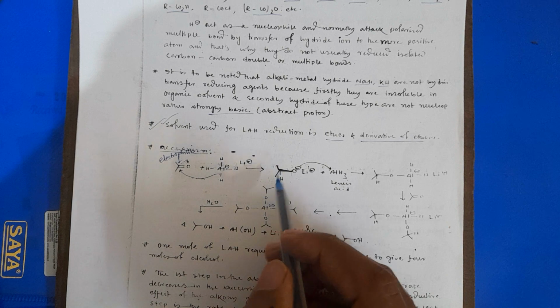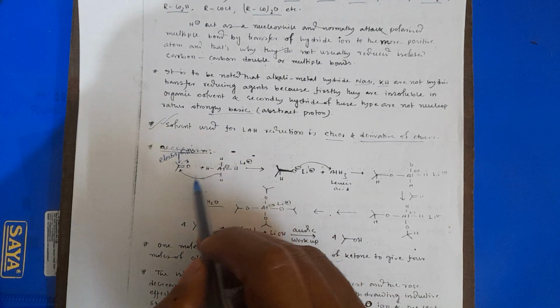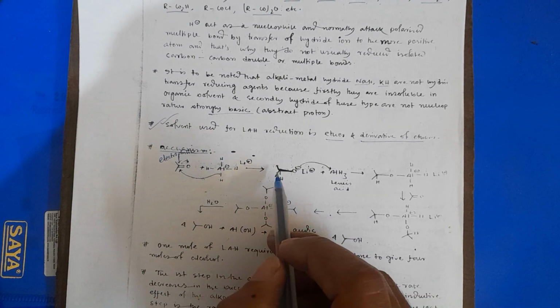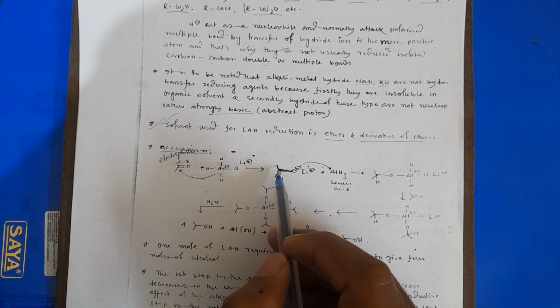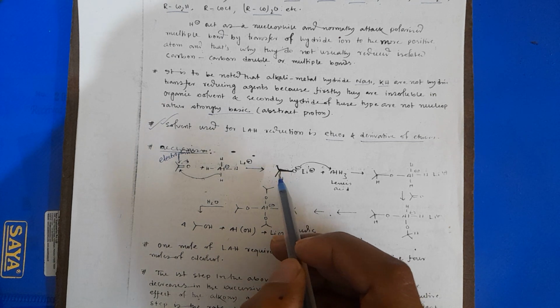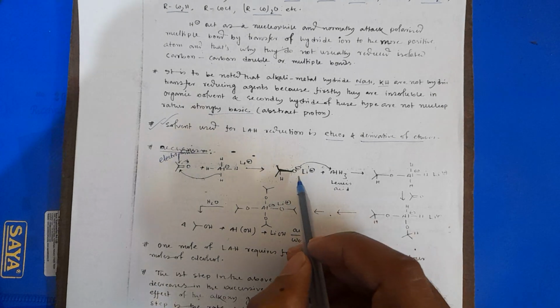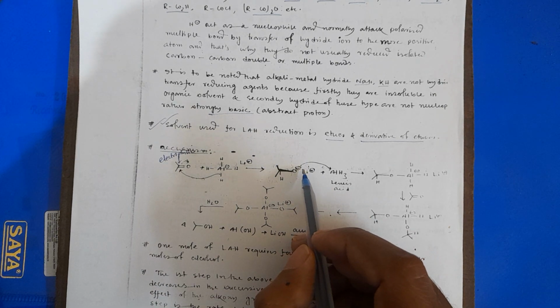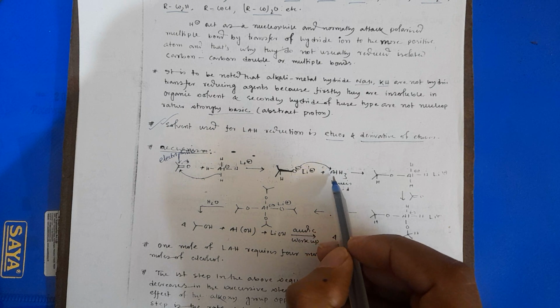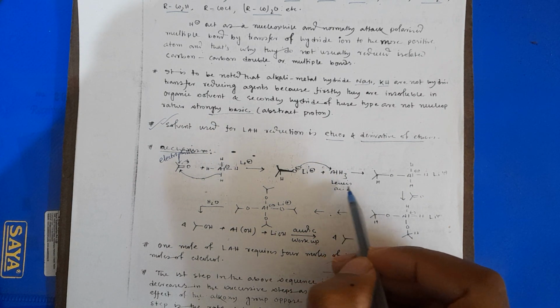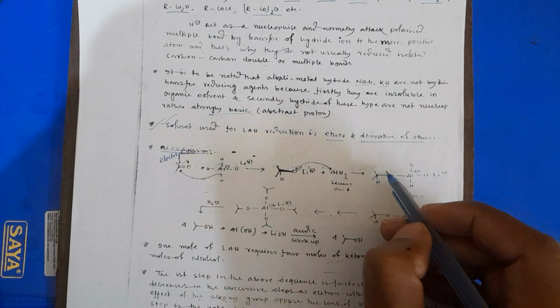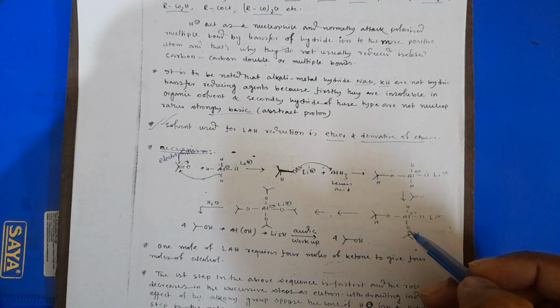Therefore when it attacks here, it provides this kind of tetrahedral intermediate. Now this O minus further attaches with this LiAlH4 and finally it provides this sort of intermediate.